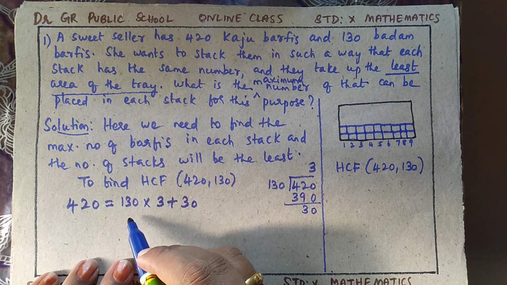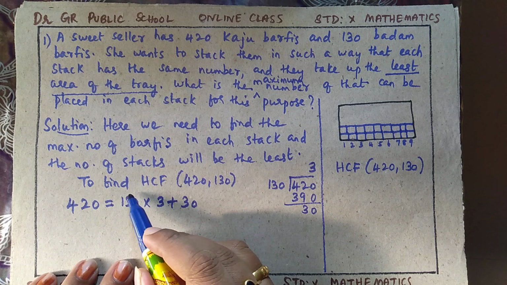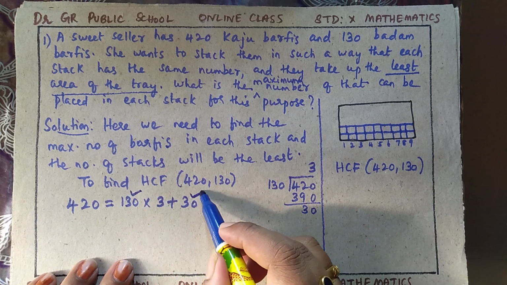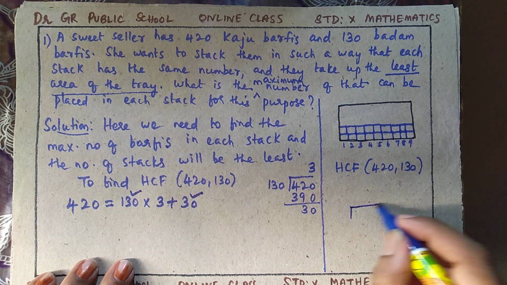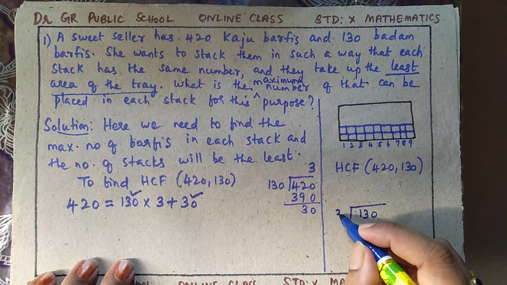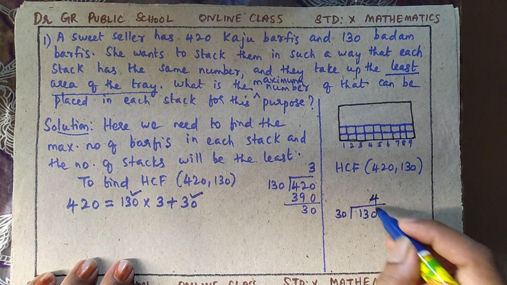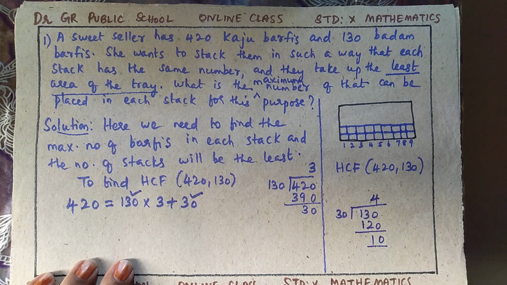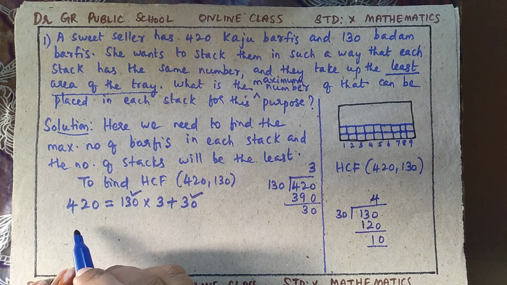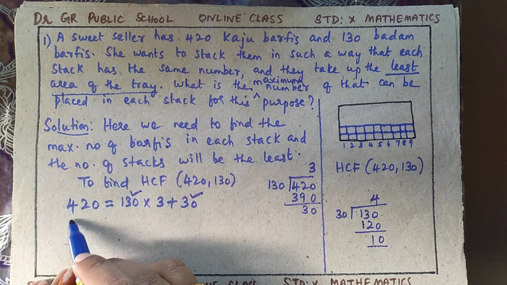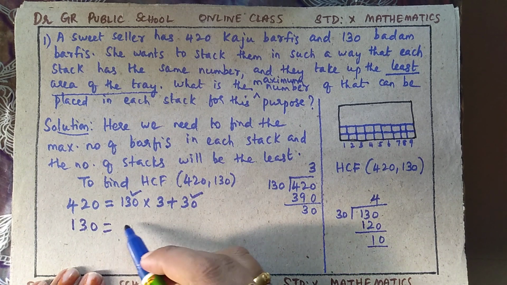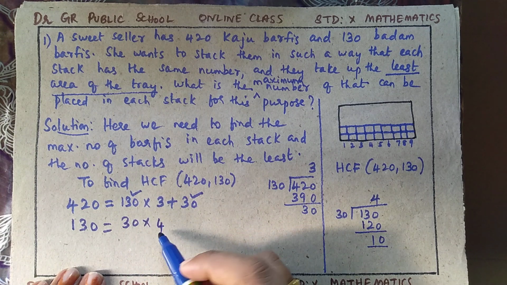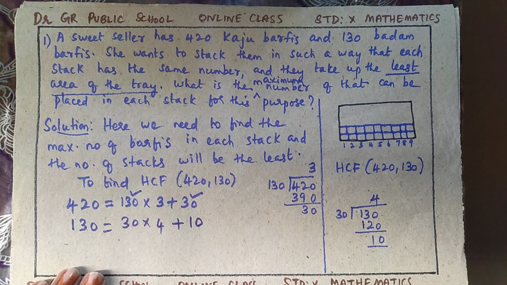Now in the next step we will take 130 as dividend and 30 as the divisor. So 130 divided by 30 is 4 times 120. Balance is 10. So again we can write 130 equal to 30 into 4 plus 10.